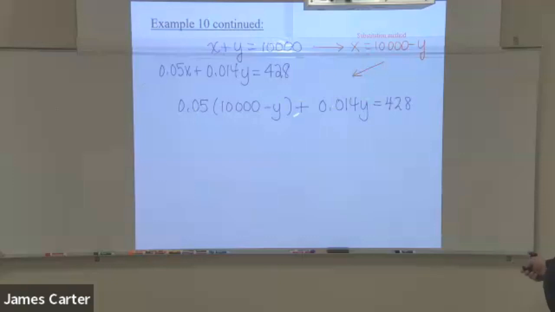Well, I got to simplify this thing, so I got to distribute this. 0.05 times 10,000 is 500. 0.05 times y is 0.05y. And then I brought this down, I brought that down. I need to combine like terms. I can combine this and that together.